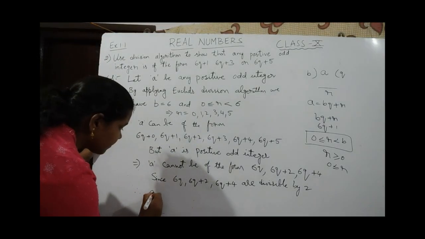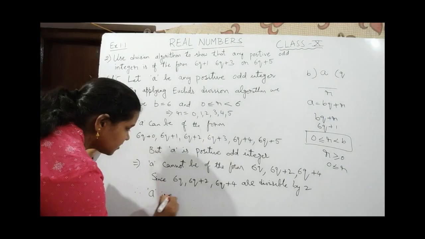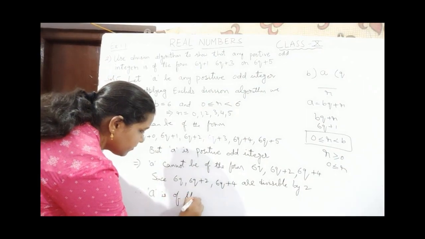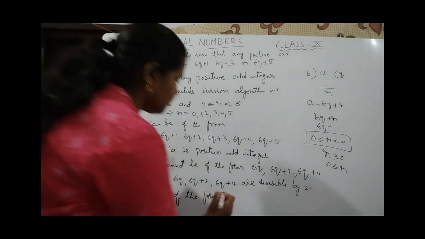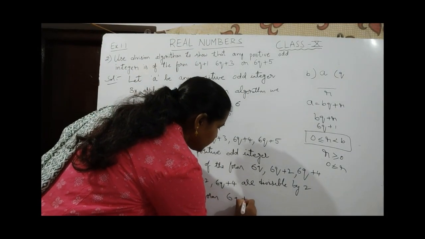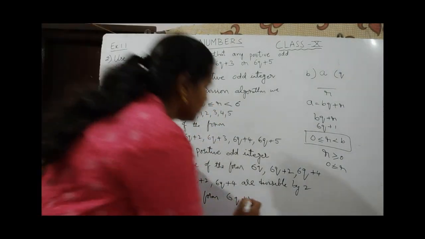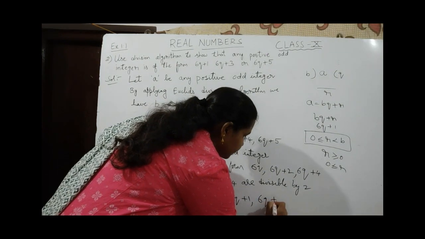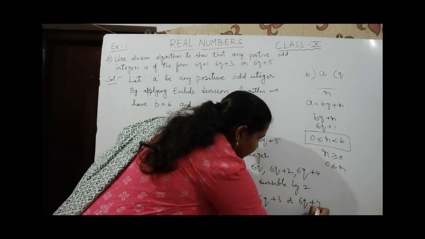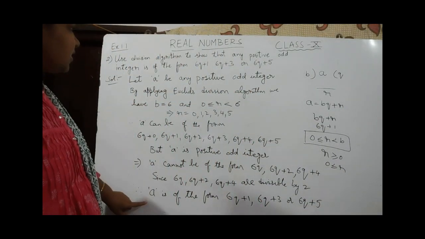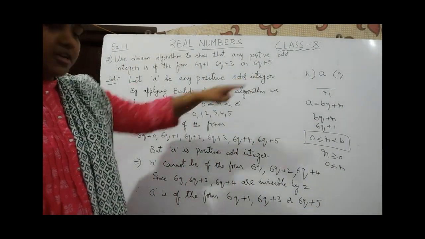Therefore, A is of the form, what is the form? It can be of the form 6q plus 1, or 6q plus 3, or 6q plus 5. But what is A here? A is any positive odd integer.